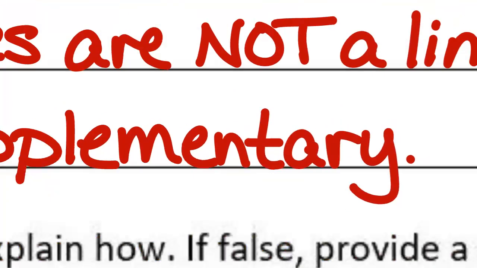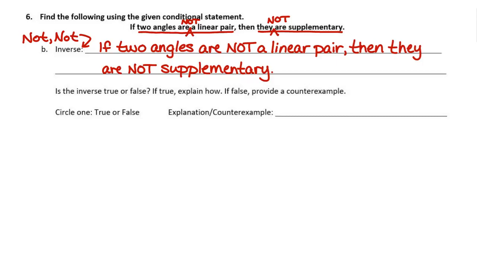And we are asked to evaluate the truth statement of this. Now, before I decide whether this is true or false, I need to remember what's true about my conditional, converse, inverse, contrapositive, because that'll help me with this. If the original conditional statement is true, then the contrapositive is true. If the original conditional statement is false, then the contrapositive is false.